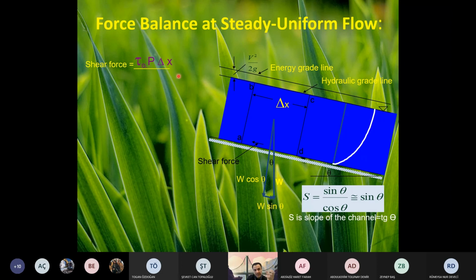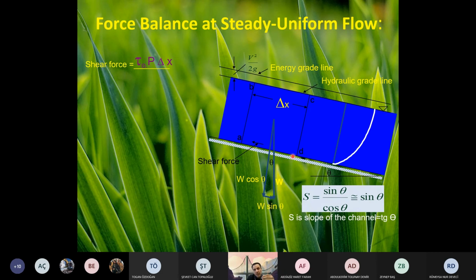To area, cross-sectional area. Assume now we consider only this block or element of water, A, B, C, D. And we assume that this element moves downward, okay? So we are calculating friction force. We said this is drag force, and this force is a result of shear stress.